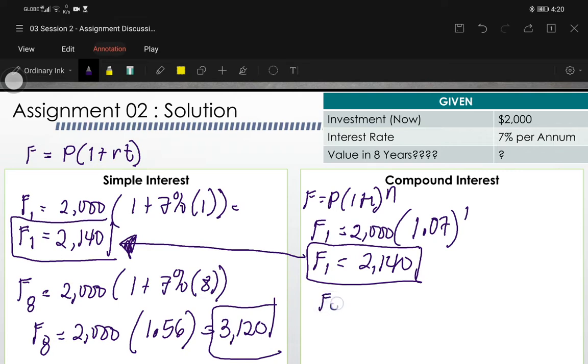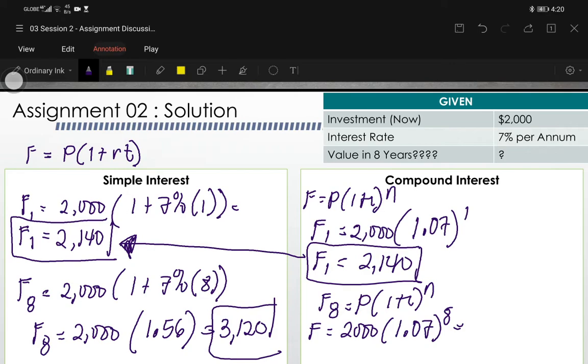So F8 is equal to P times 1 plus I to the power of N, wherein your F is equal to 2,000 multiplied by 1.07 to the power of 8.